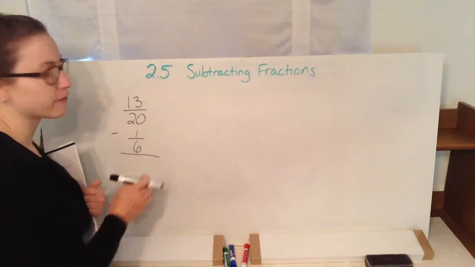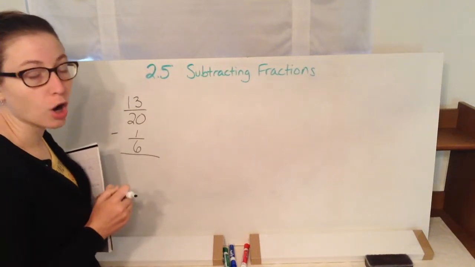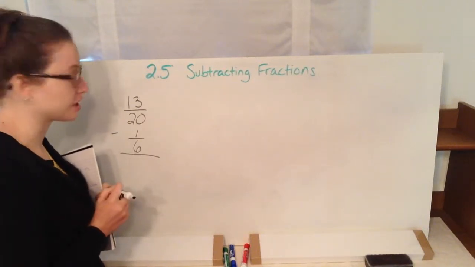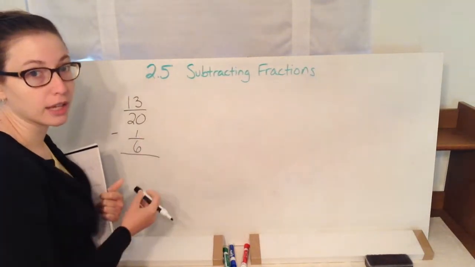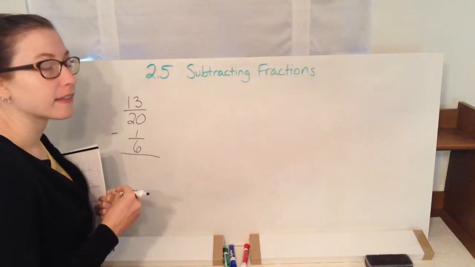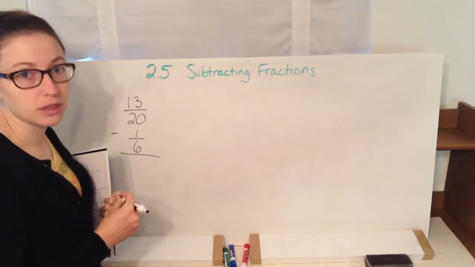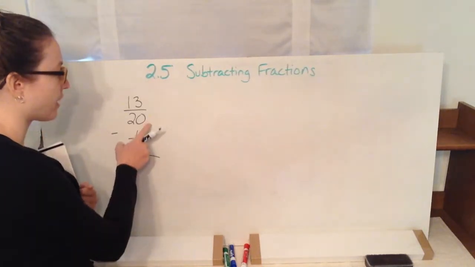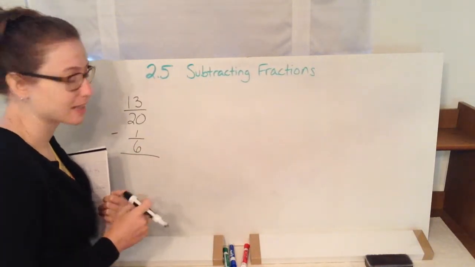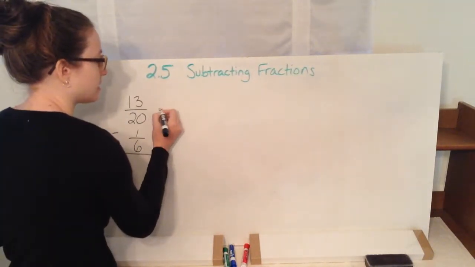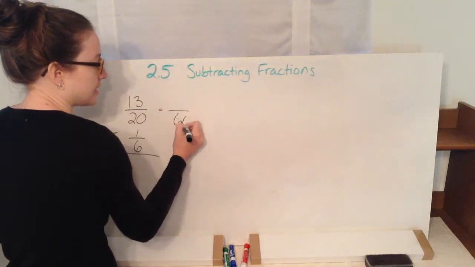So we need to find a common denominator for these fractions, and to do that the long way, if you're not comfortable looking and telling what it is, you want to find the least common multiple using the process we've talked about to find the least common multiple of the denominators, 20 and 6. In this case, it's 60.